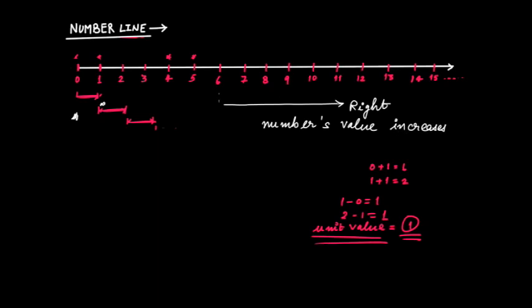Take an example for 6. If you start from 6 and start moving towards the right, then comes 7, then comes 8, then comes 9. Therefore, the number is increasing. But if you move towards left, then the number is actually decreasing. The value is decreasing, because 5 would be less than 6, but 8 would be greater than 6.